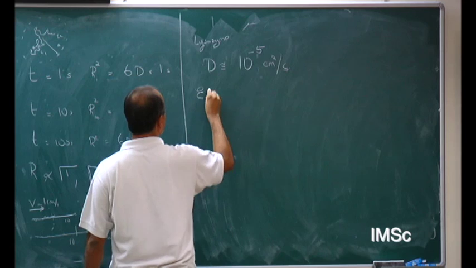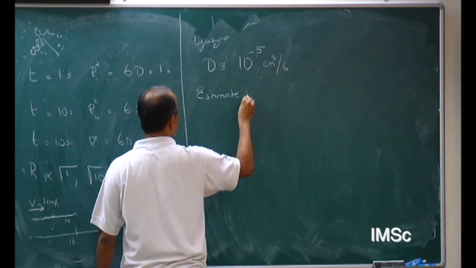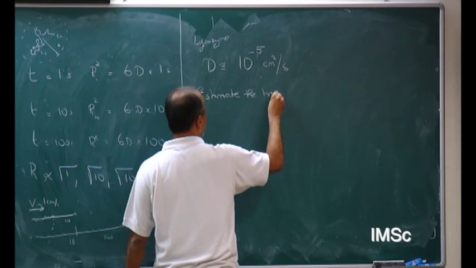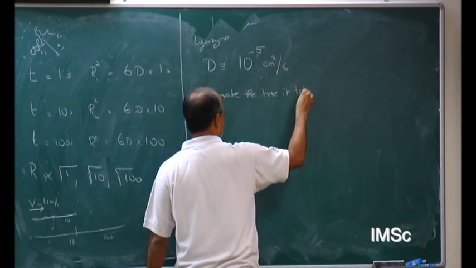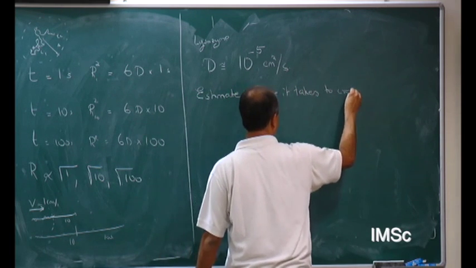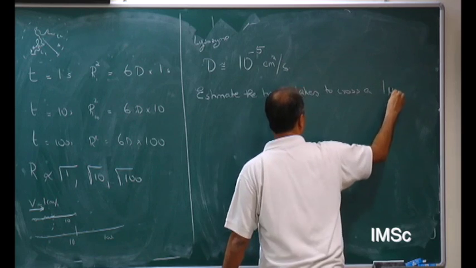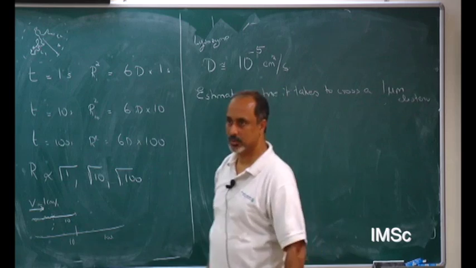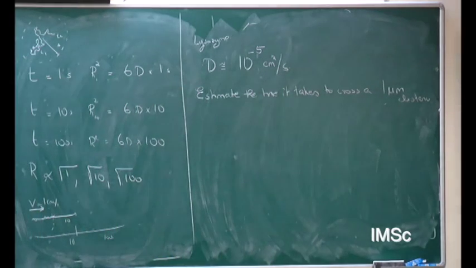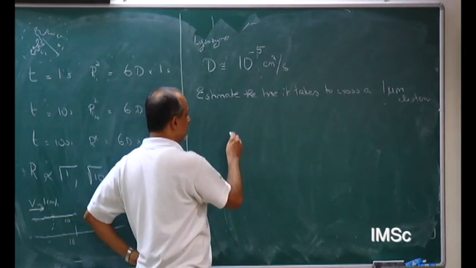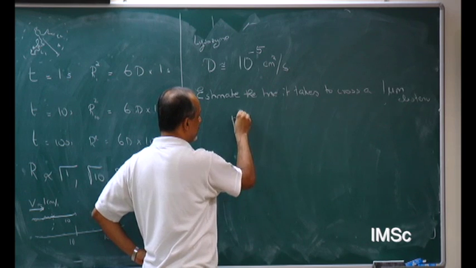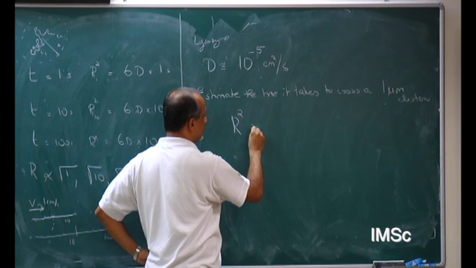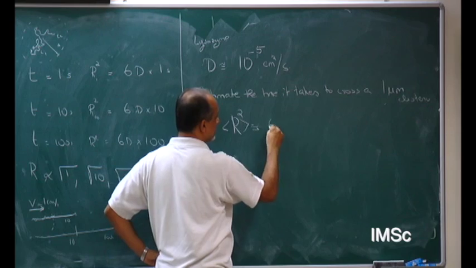What I want you to do is to estimate the time it takes to cross a 1 micrometer distance, or approximately estimate, given what you know now, how you would do that. So here what you would do is, you would say r squared is proportional to or equal to 6Dt.